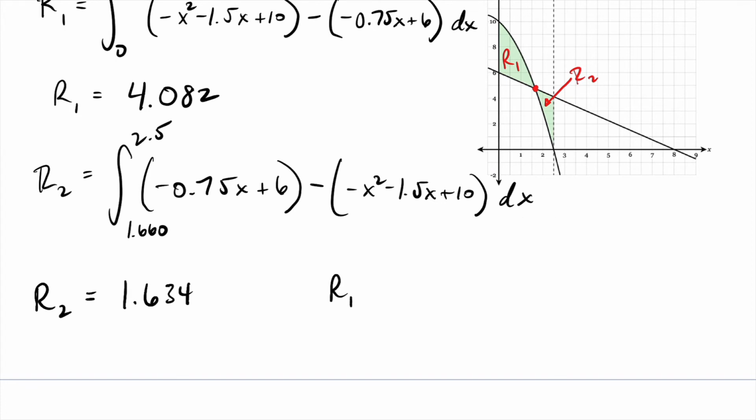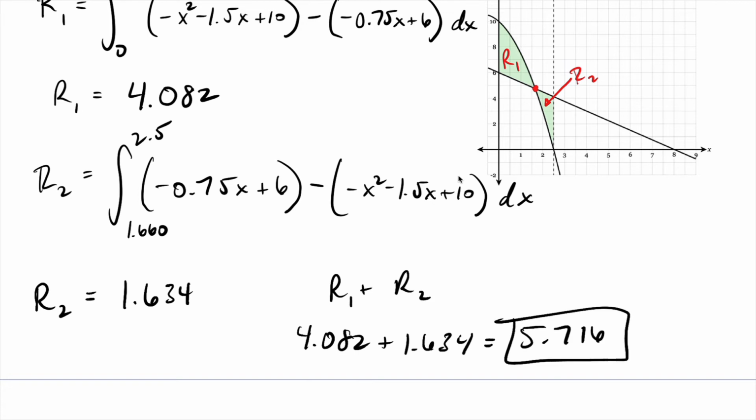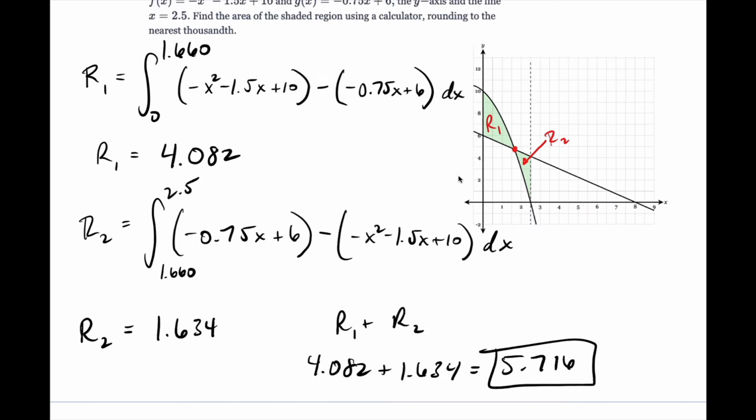So R1 plus R2 is 4.082 plus 1.634, and we get 5.716. Okay, that's the total area of both. Okay.